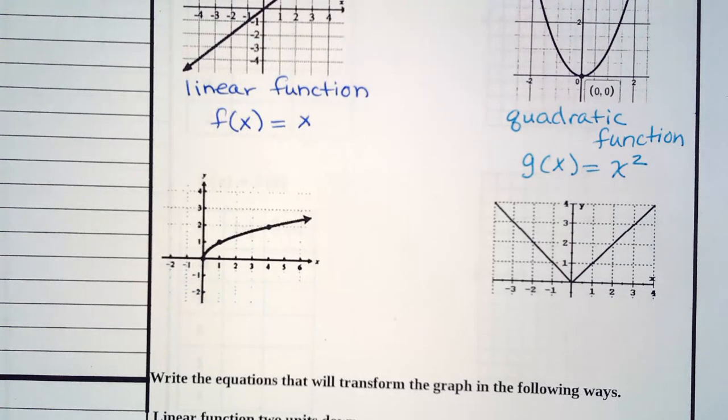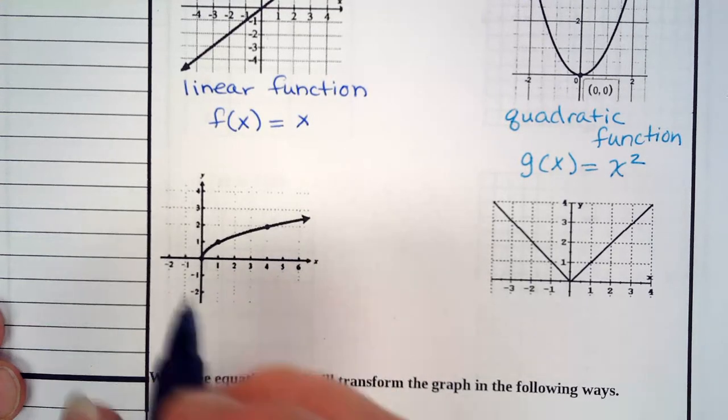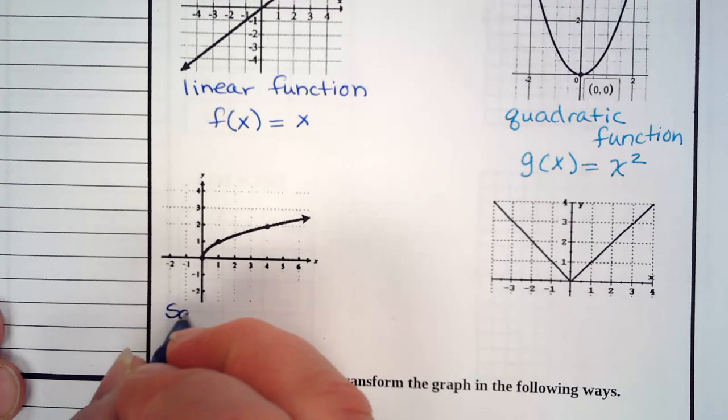So for the next one, it's not one that you see very often, but it's something that we use more and more as we get into higher levels of math. It kind of looks like a sideways quadratic. This is what we call the square root function.